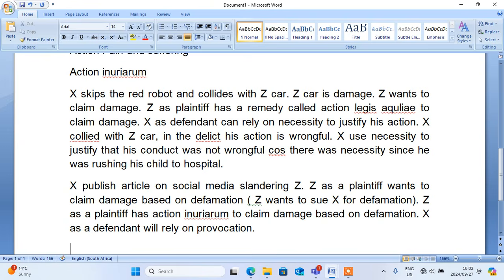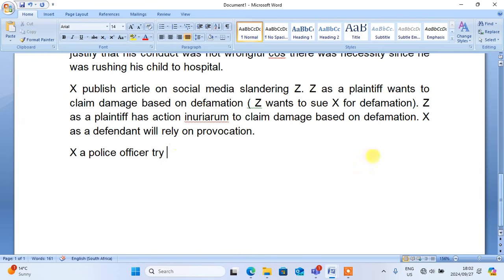Now let's go on and give another example. Okay, X, a police officer, tries to arrest Z. Z resists arrest and tries to flee.